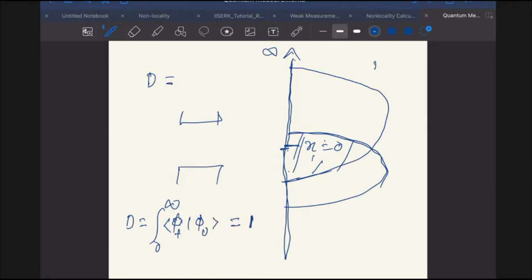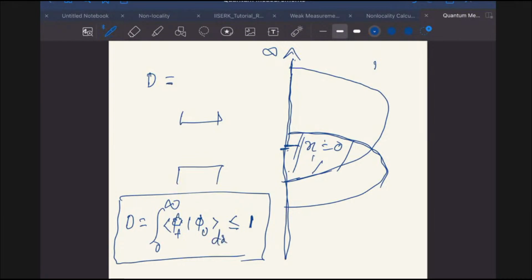But for the imperfect measurement, this is not coming 1, so it is less than 1. So this is then the measure of fineness or sharpness here. As this d approaches 1, we will have a more perfect measurement.